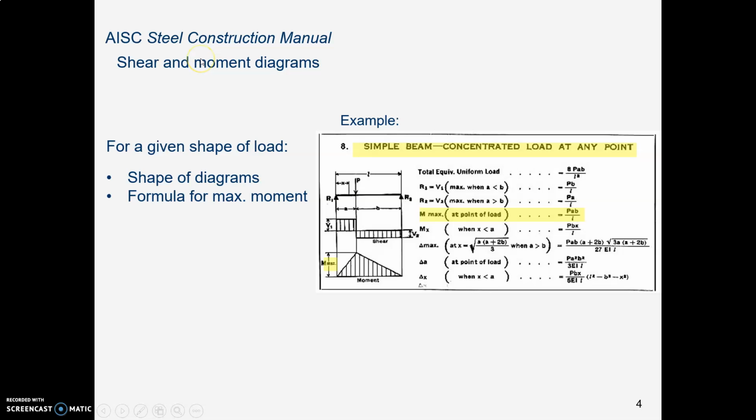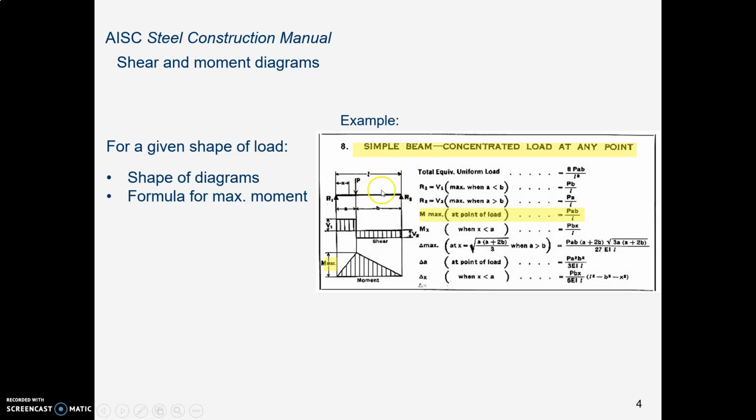In their steel construction manual, they have a collection of diagrams like this, and I think the handout is 7 pages, and each page has 6 different possible ways a beam could be loaded. So you have lots of choices. This is for your reference in the future if you want a quick way to look up how these things work. So here's an example.